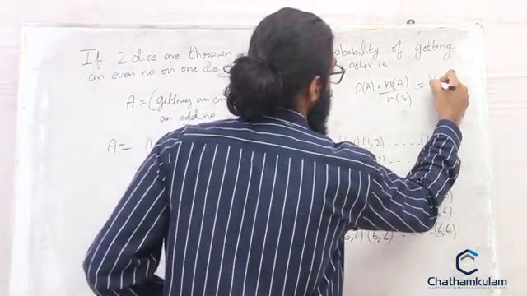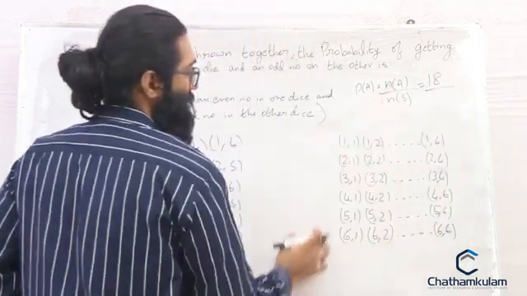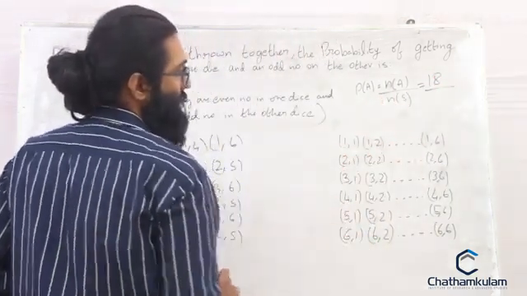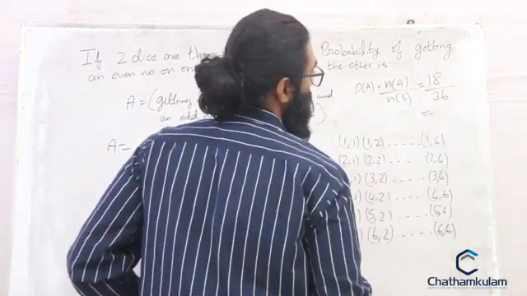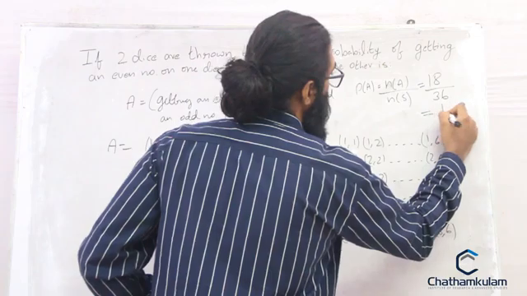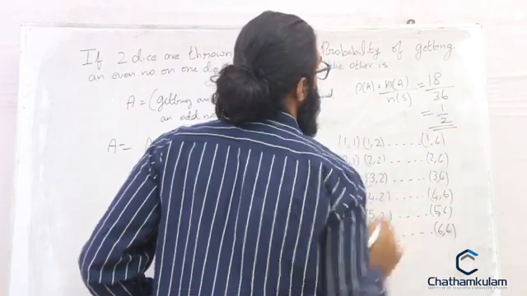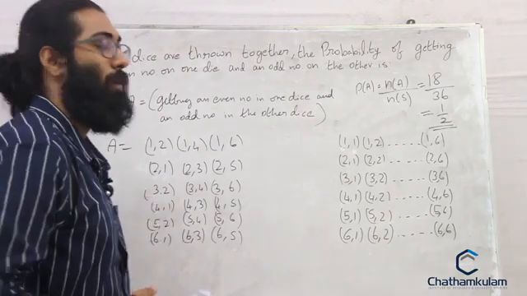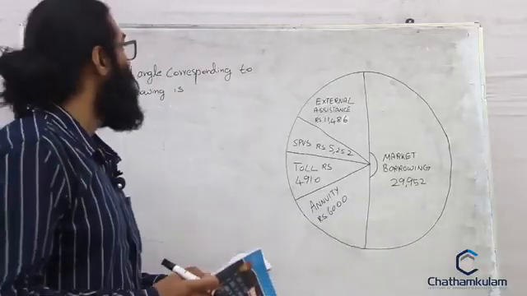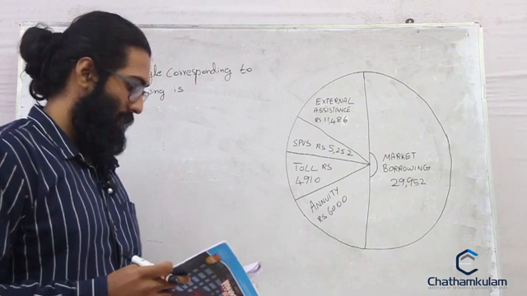So we write it here as 18, and N of S is, we count here and get it as 36, right? So therefore the probability is 18 divided by 36 is equal to 1 by 2. So 1 by 2 is our probability of getting an even number in one dice and an odd number in the other dice. So we will look into the next question here.